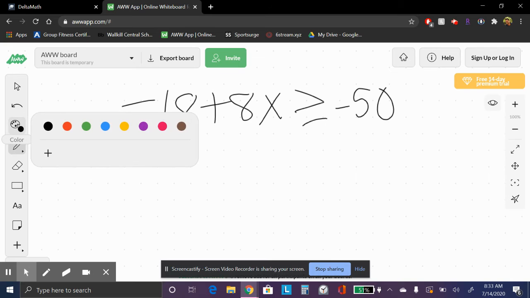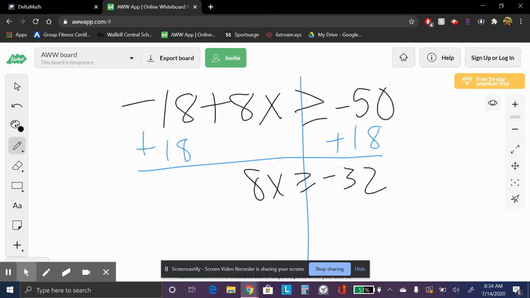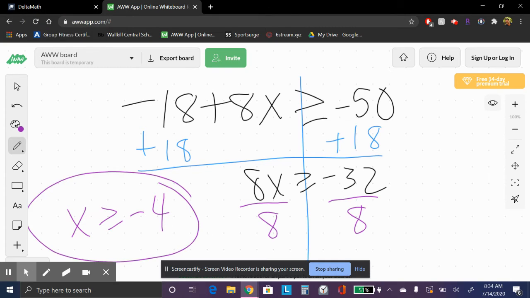Okay, same thing as before, but this time it has an equal sign, so on your graph you're going to have to remember towards the end to have that filled in circle. So we add 18 to both sides, and we get 8x is greater than or equal to negative 32. Divide both sides by 8, and you get x is greater than or equal to negative 4. So that would be my final answer.